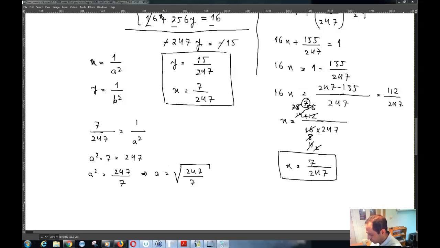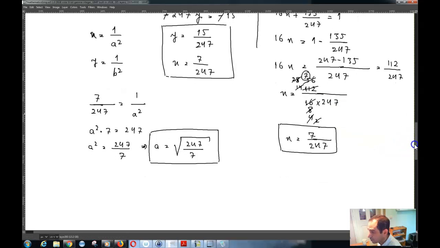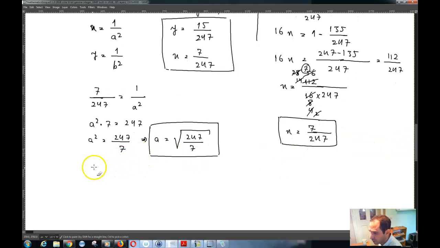For b, y was equal to 15 by 247, which is 1 by b squared.